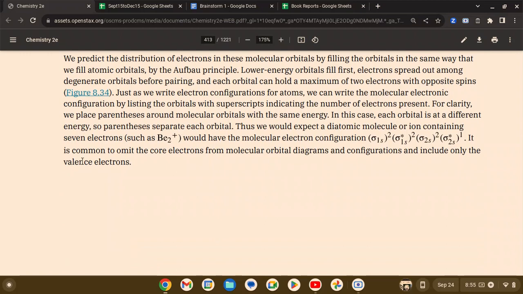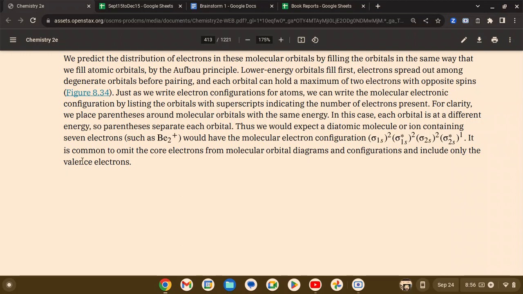Just as we write electron configurations for atoms, we can write the molecular electronic configuration by listing the orbitals with superscripts indicating the number of electrons present. For clarity, we place parentheses around molecular orbitals with the same energy. In this case, each orbital is at a different energy, so parentheses separate each orbital.